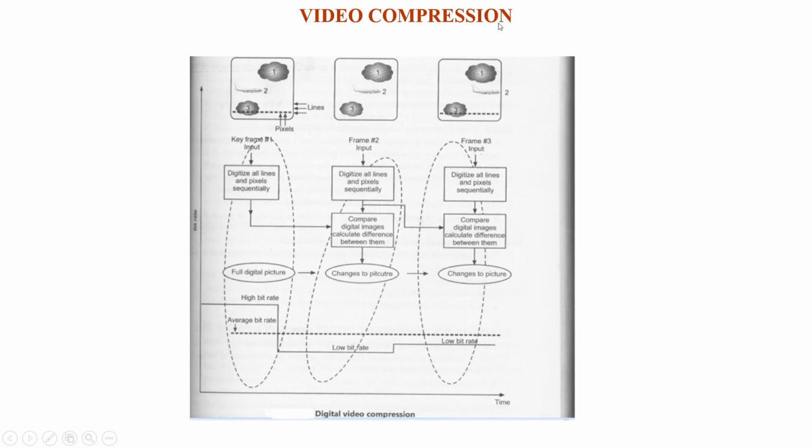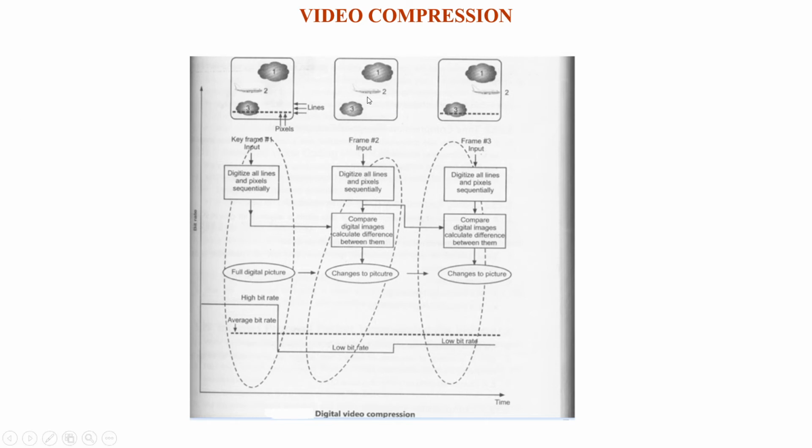Video compression: as we know, this is nothing but one scene, and these are the 3 pictures in the one frame. Instead of encoding each and every frame, in one scene, two adjacent frames have a higher correlation or maximum similarity, so encode only the first frame.